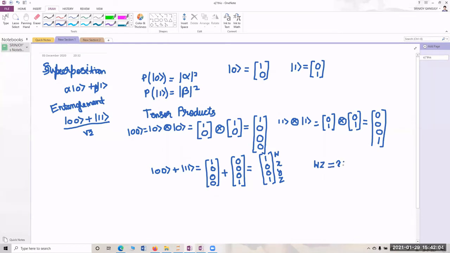If it's equal, that means they are not entangled. But in this case, you see what is happening. W into Z is 1 into 1, and X into Y is 0 into 0, which is not equal, which means this state is truly entangled.